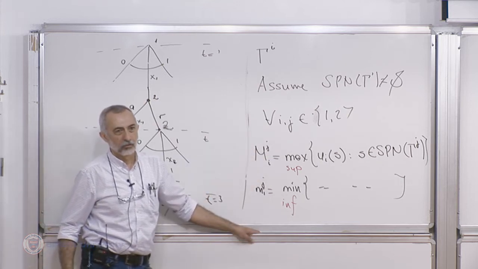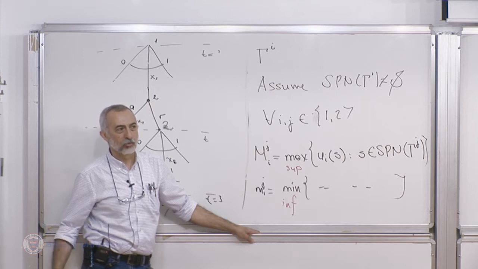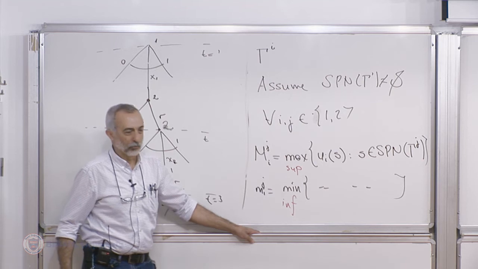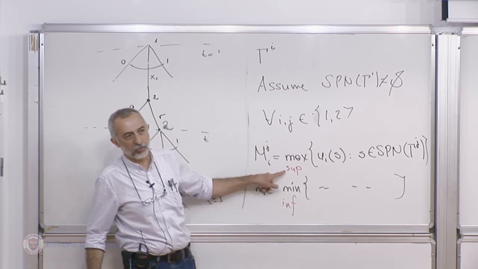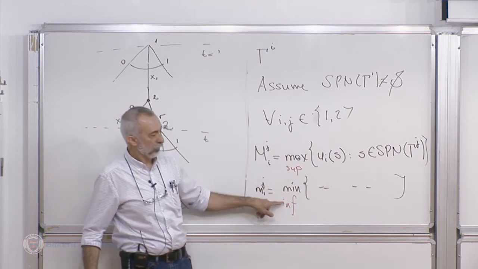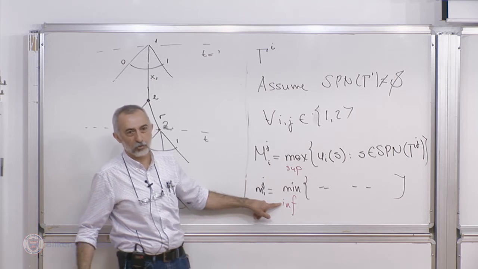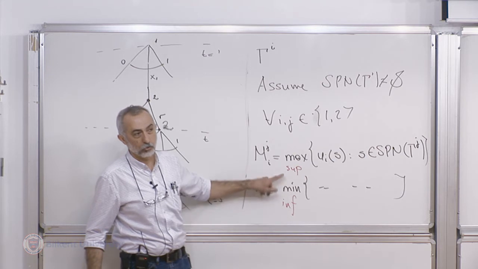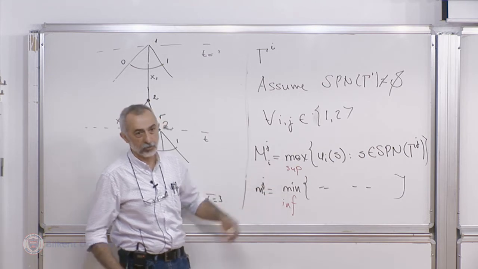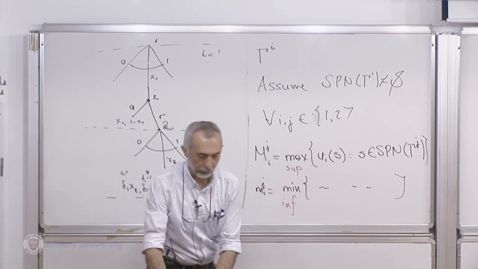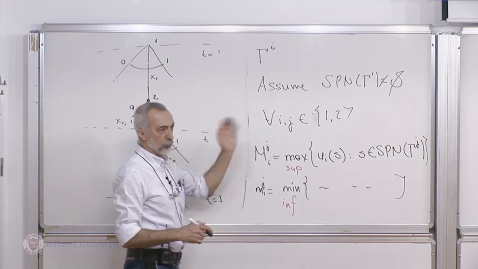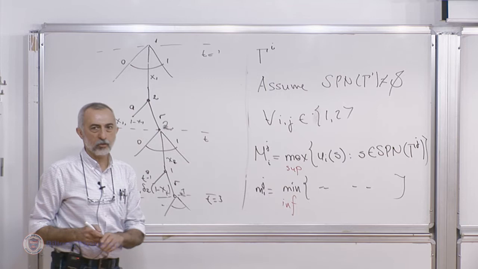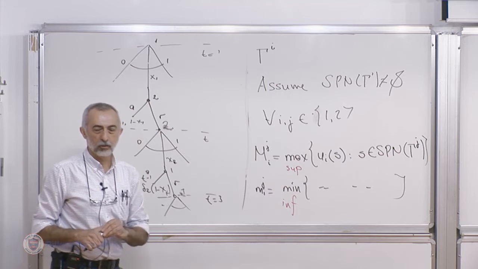But you should look into why I should have written the supremum and the infimum here. You should ask yourself why this is the proper, correct way of doing things rather than taking the max and the min. But that's what we had. So actually, that's roughly where we stopped last lecture.